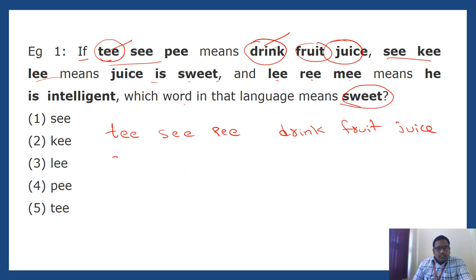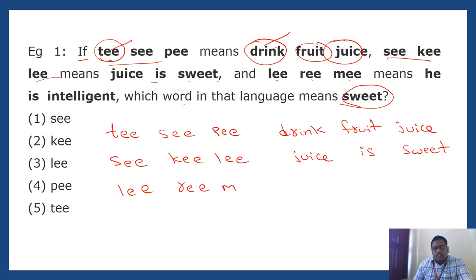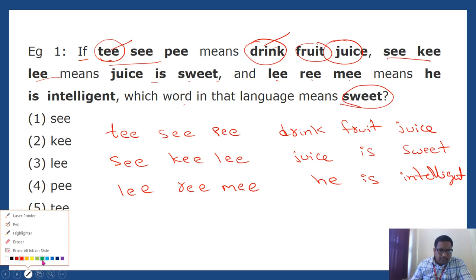Next, C, Ki, Li, which means juice is sweet. Next, Li, Ri, Me. This means he is intelligent.